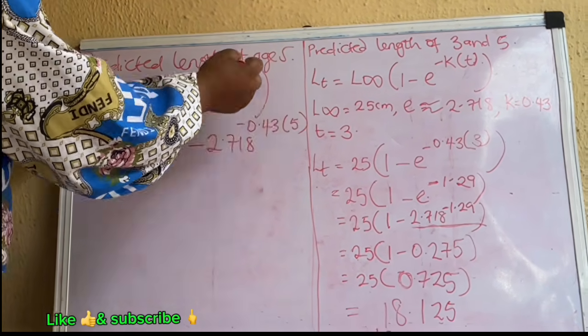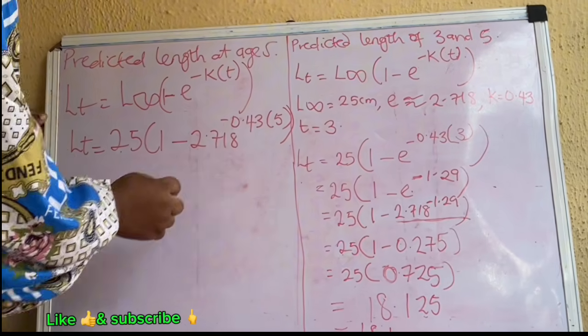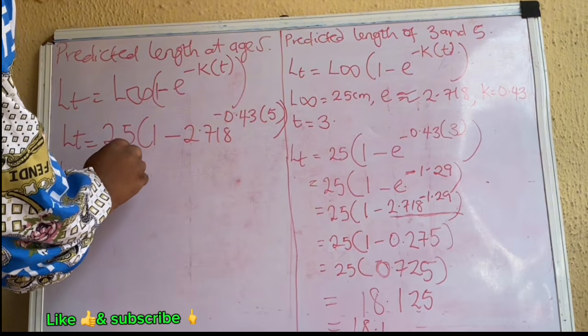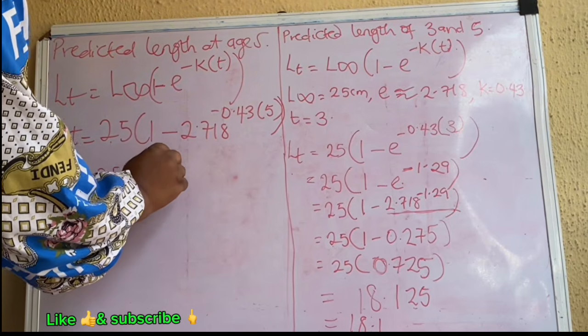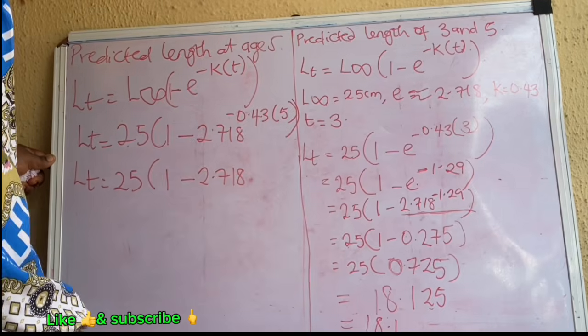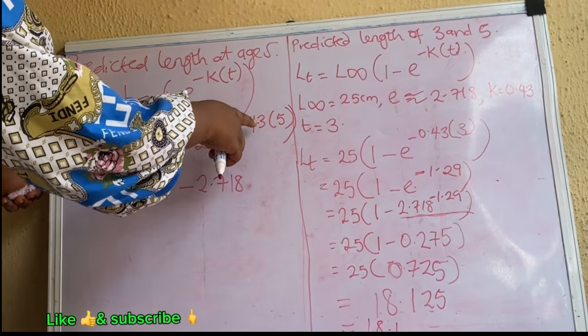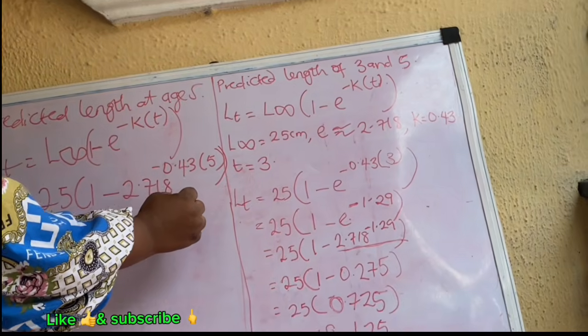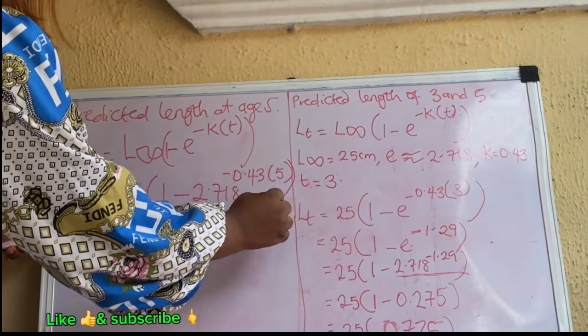So we just had to put all the values. 0.43 times 5 will give you minus 2.15.